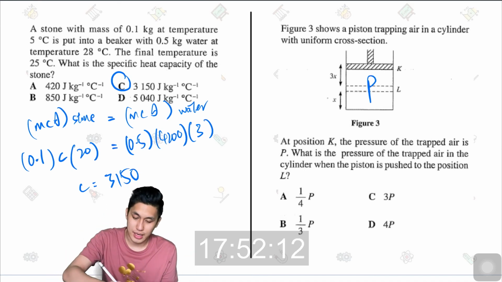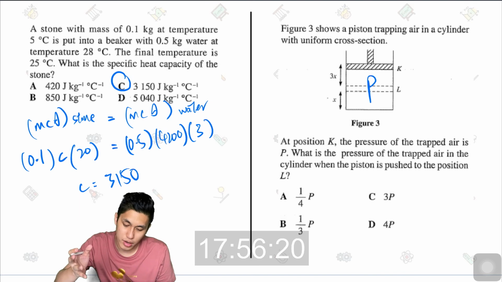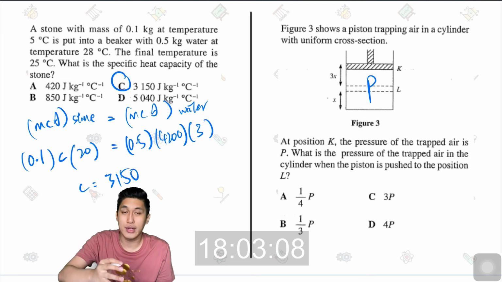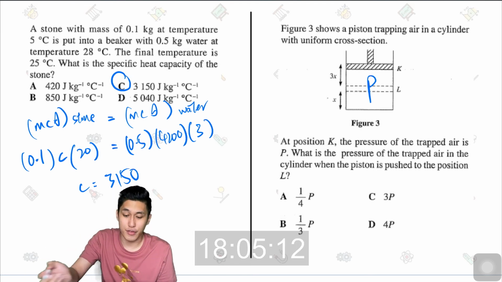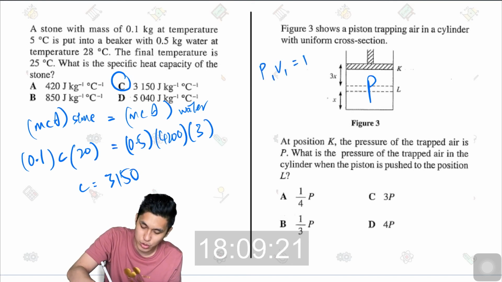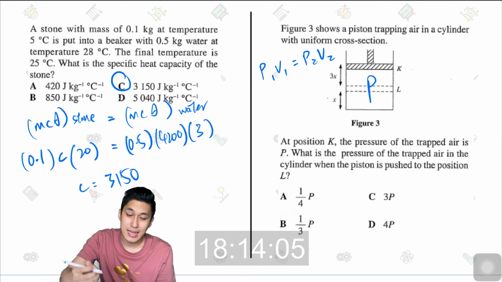Okay, so this is one of the gas laws, right? In this case, the temperature is kept constant. So we are only looking at pressure and volume. Their relationship goes like this: P1 V1 equals P2 V2, and let's say K is 1.